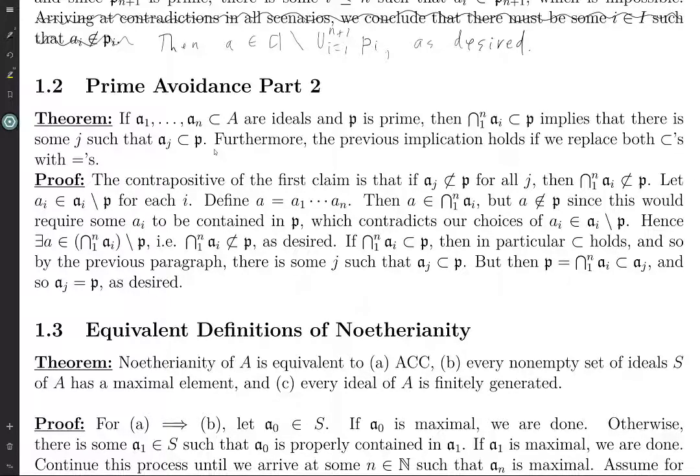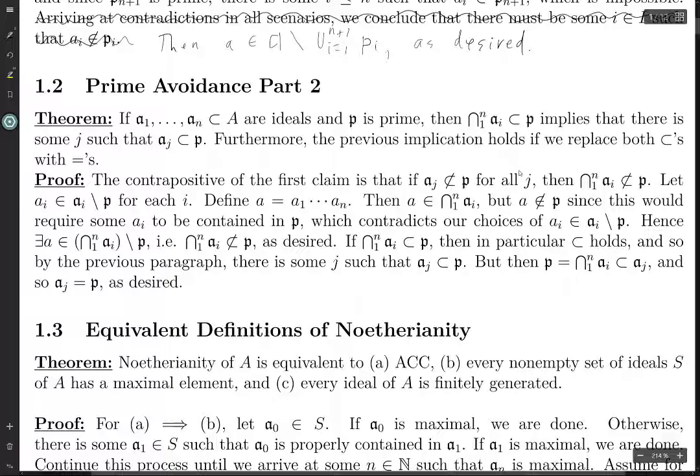So suppose A_j is not contained in P for every single j, we want to prove that this intersection is not contained in P.